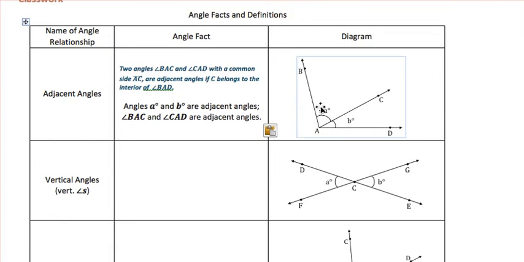So they are adjacent angles. Angles A and B are adjacent angles. We can name them that way because they have separate notations. We also can name them angle BAC and angle CAD. This is the angle symbol.